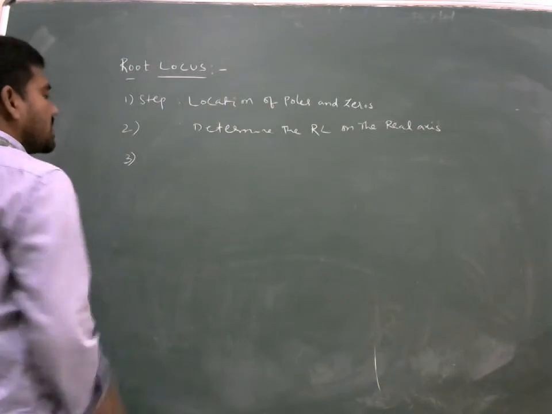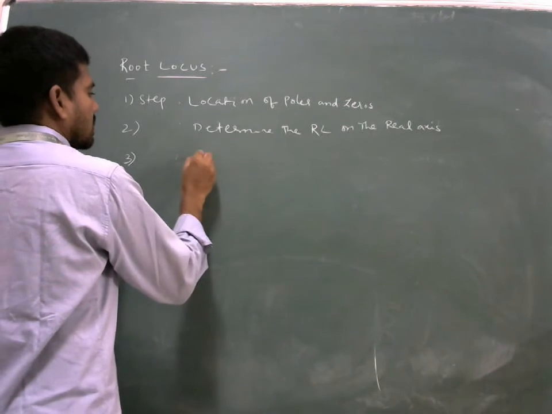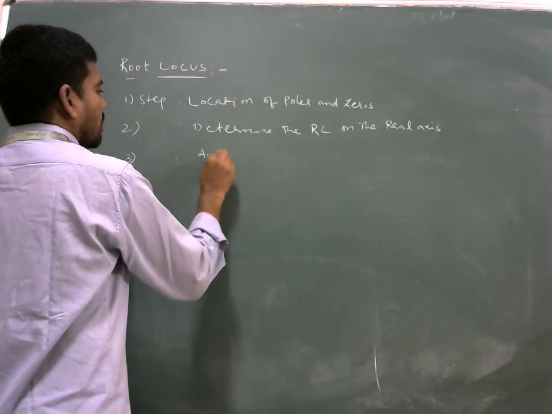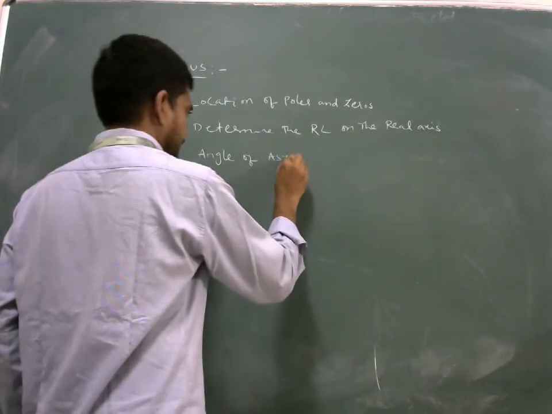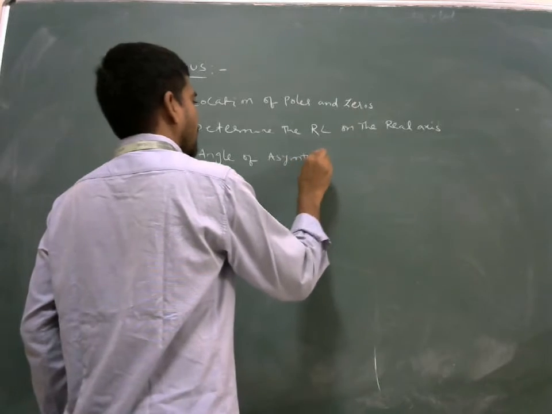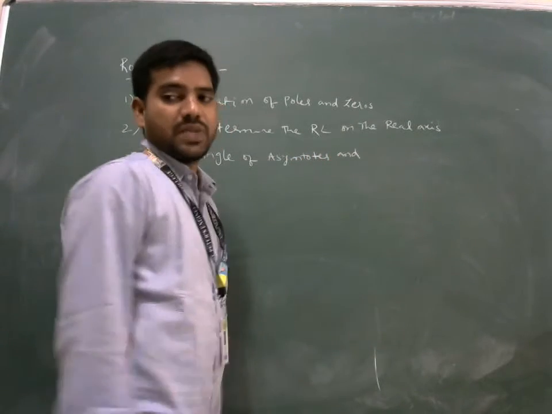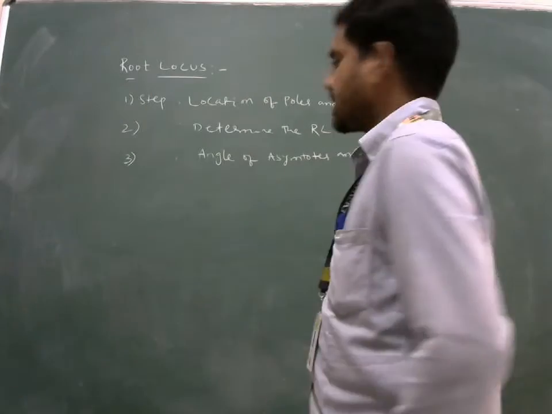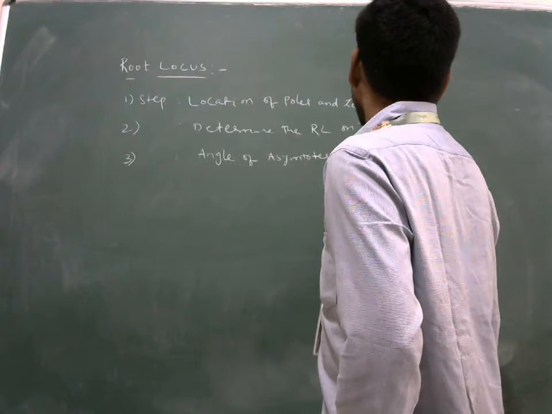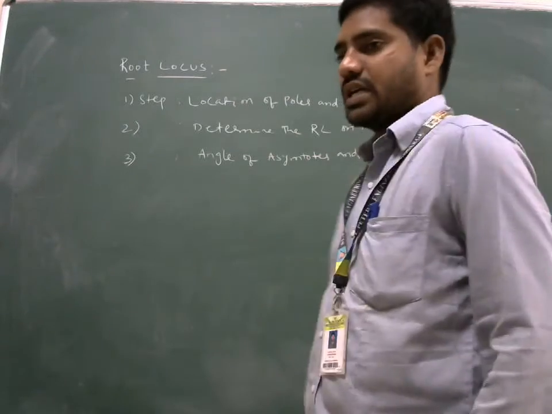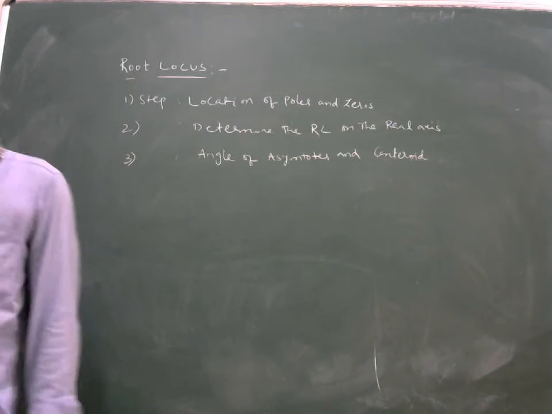And what is the third step? The third step is the angle of asymptotes and centroid.